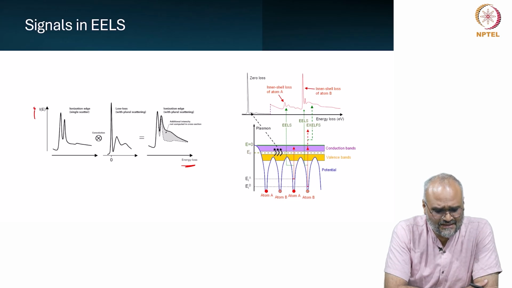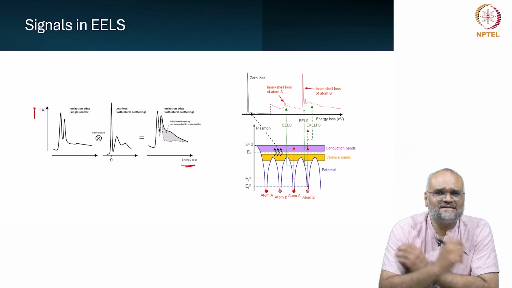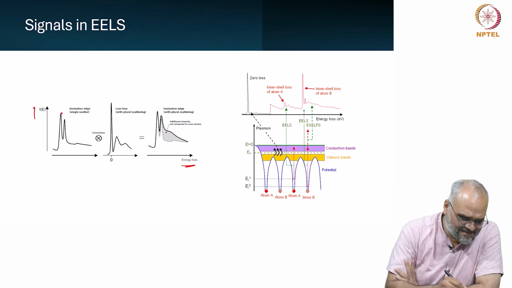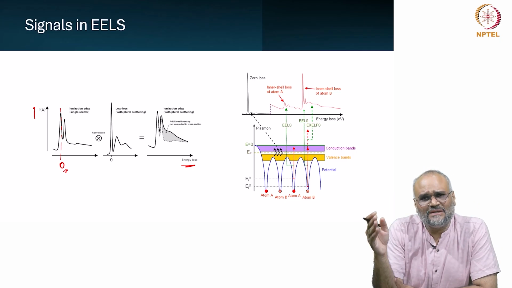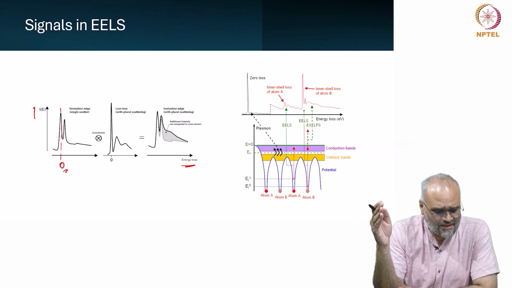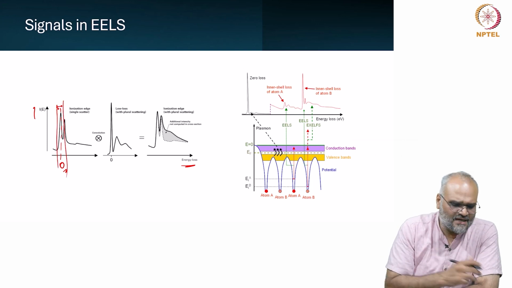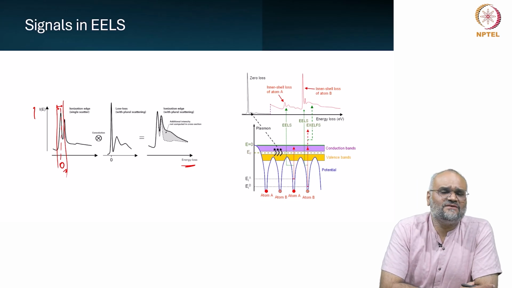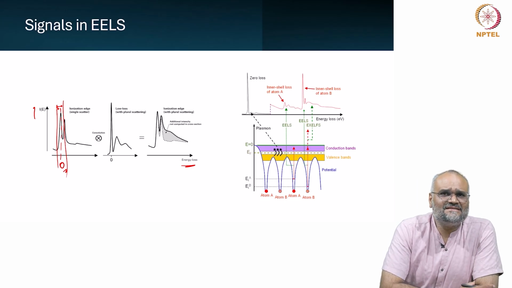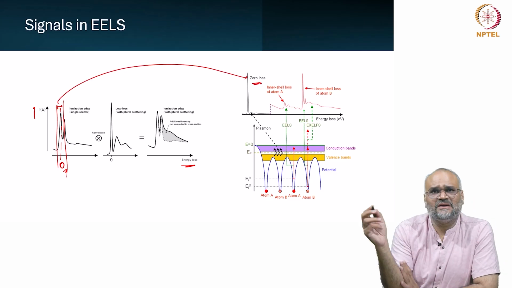When I have the core loss or low loss or no loss region, this particular point corresponds to 0, which is where primarily my forward scattered direct beam is. This particular window corresponds largely to the elastically scattered electrons which have not undergone energy loss. This is called the EELS zero loss spectra.